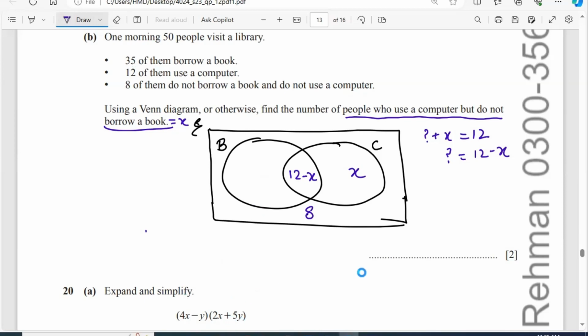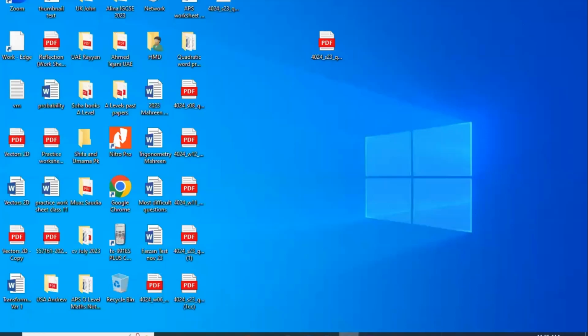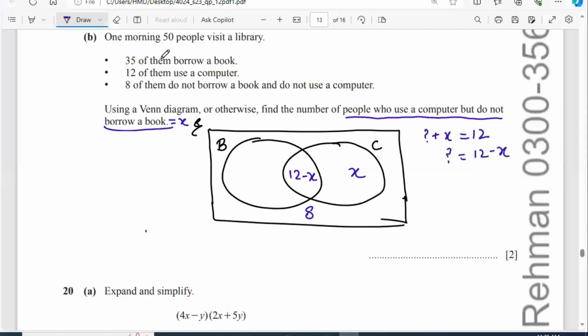Now, books are 35 here and I'm going to find the area of this part.